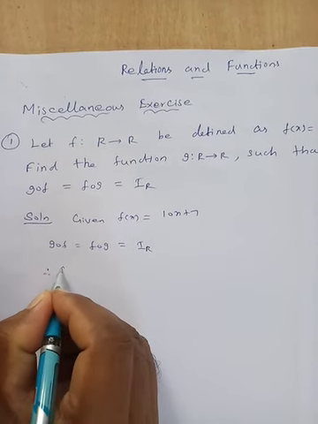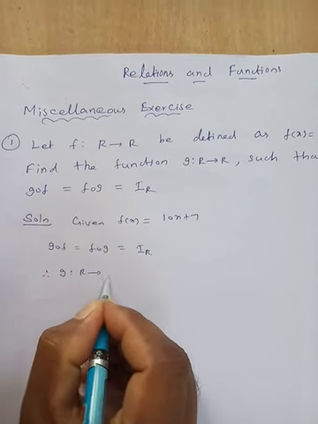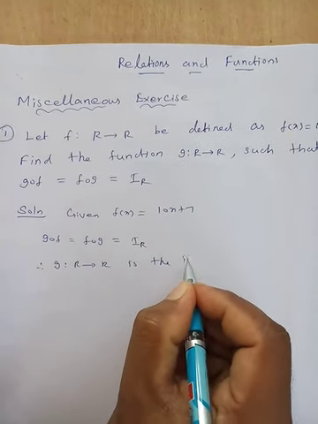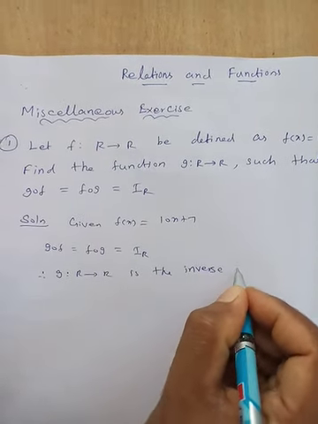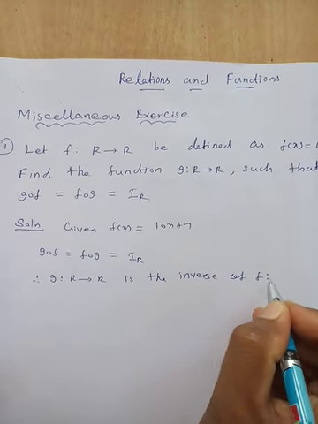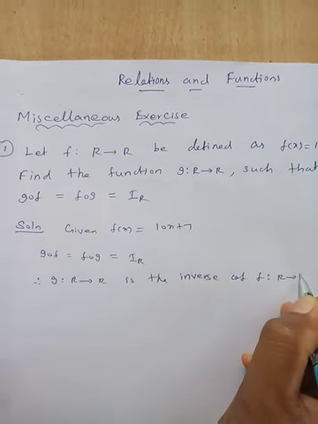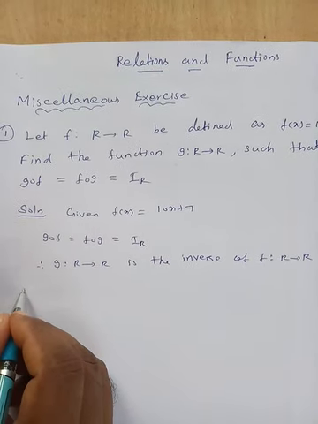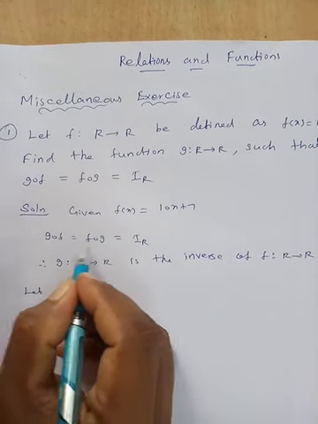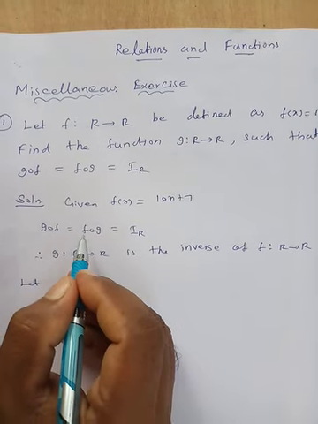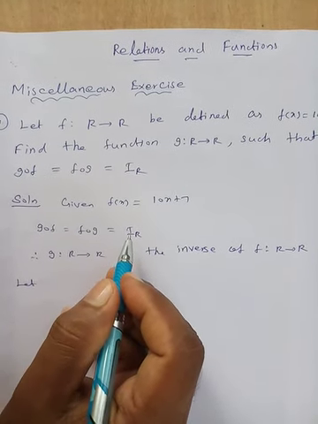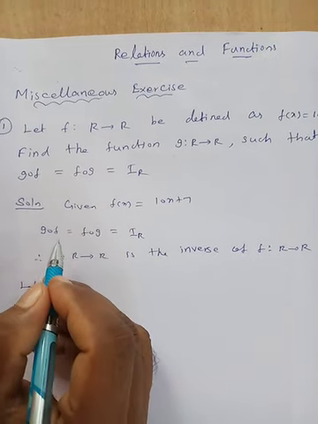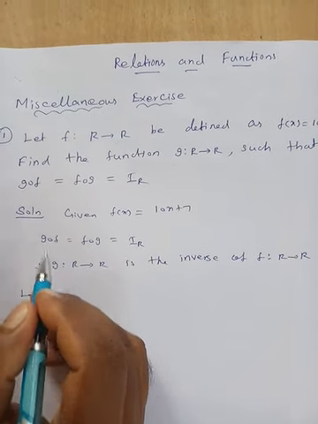Therefore, g from R to R is the inverse of f from R to R. Now because it's an identity function, g composition f is equal to f composition g, the identity function of R. So f is invertible, and that inverse is g.